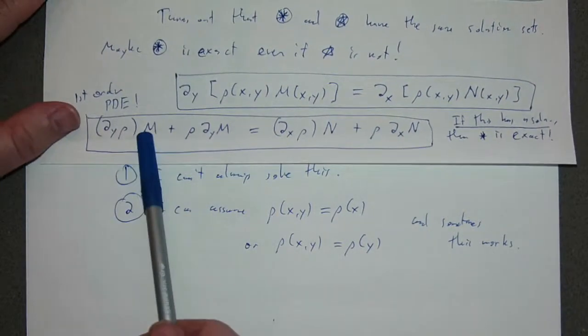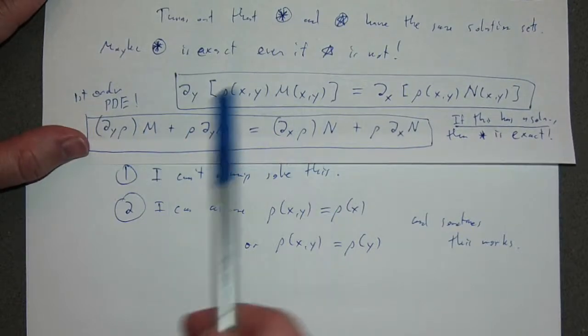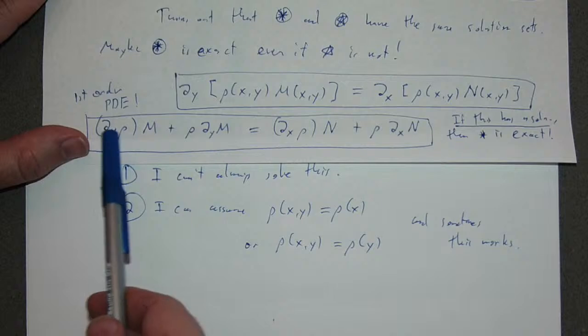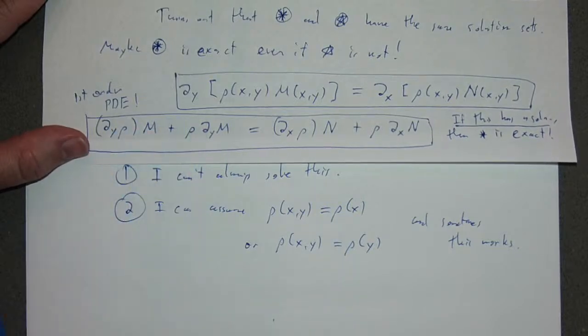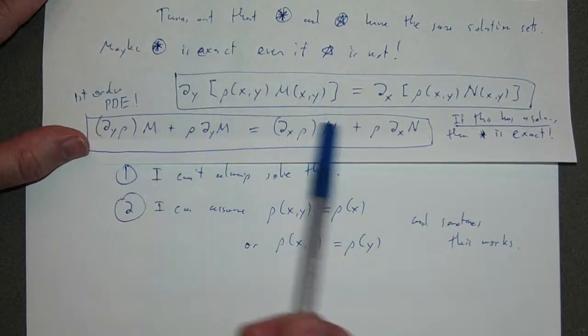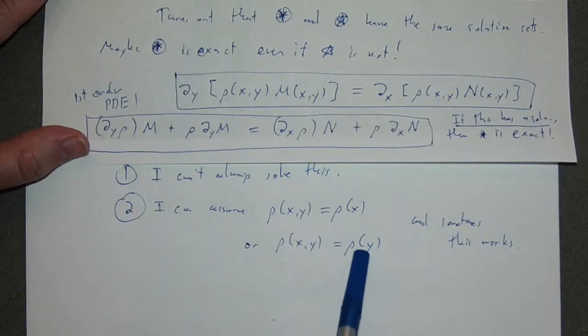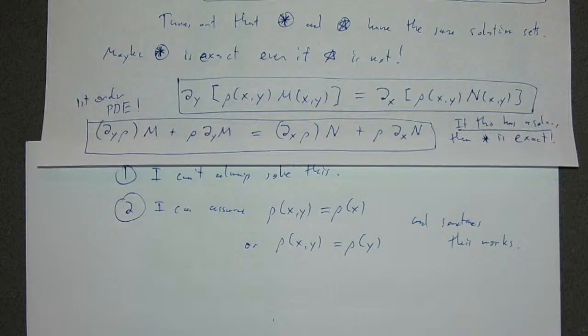So if m is some big nasty thing, but n is relatively simple, then you would want to assume that rho is a function of x, so that this term becomes 0. Similarly, if n is really nasty and m is nice, you would want to assume that rho is a function of y purely, so that that term is 0. This would be up to you, but it's important that you understand what assumption you're making, and why. Okay?